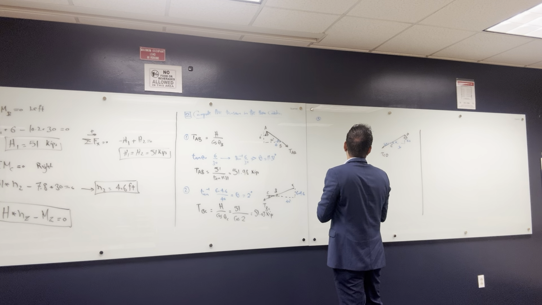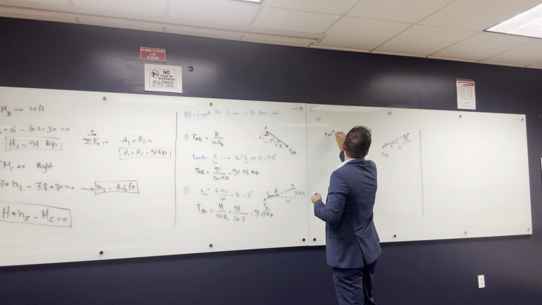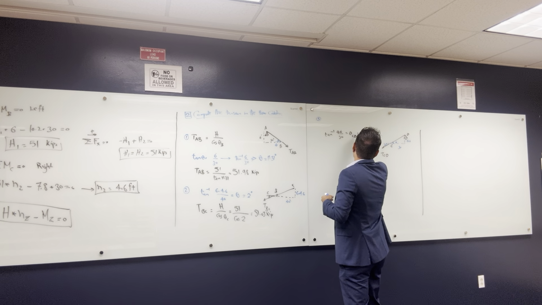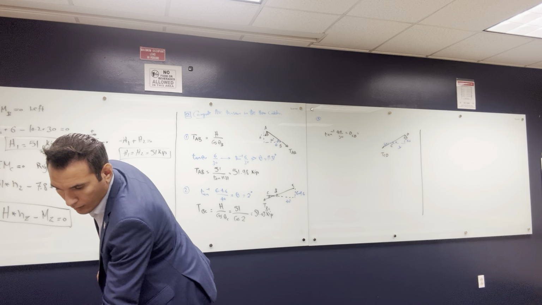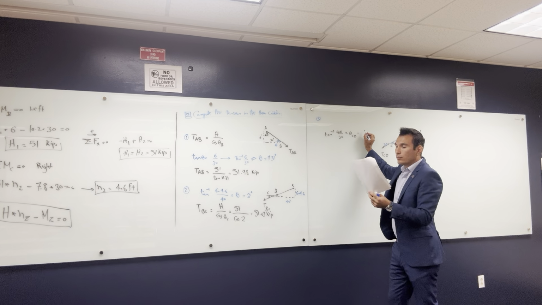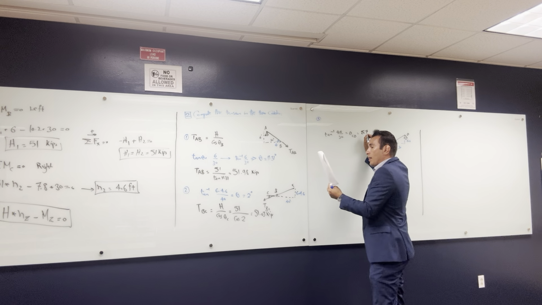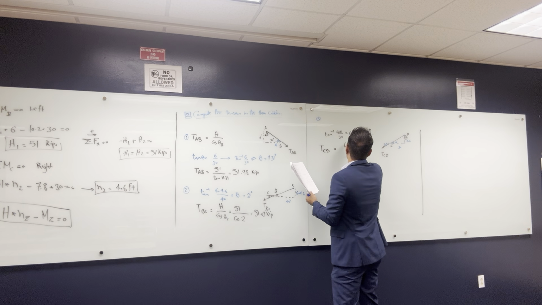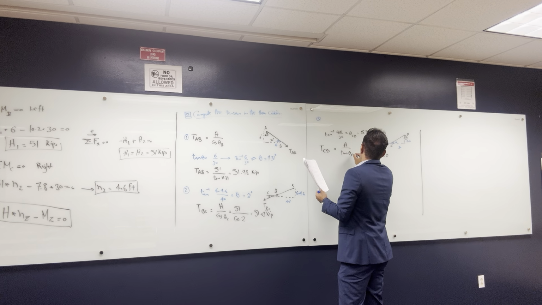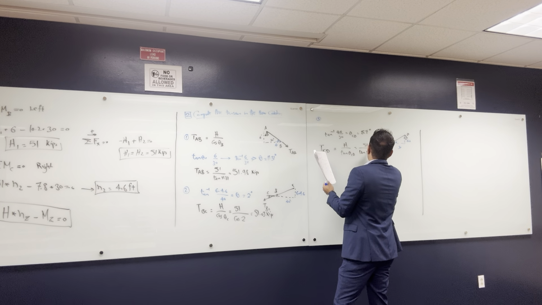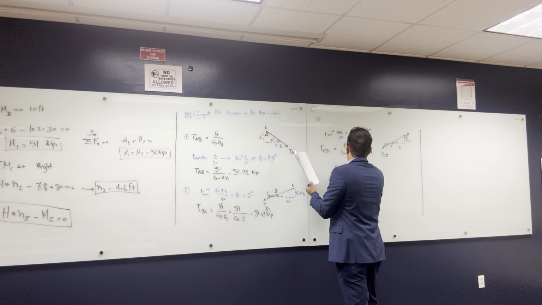I can say that tan inverse of 4.6 over 30 is equal to theta CD, and this is going to be 8.7 degrees. TCD is going to be equal to the horizontal over cosine theta CD, which is 51 over cosine 8.7, and this gives us a force of 51.62 kips.